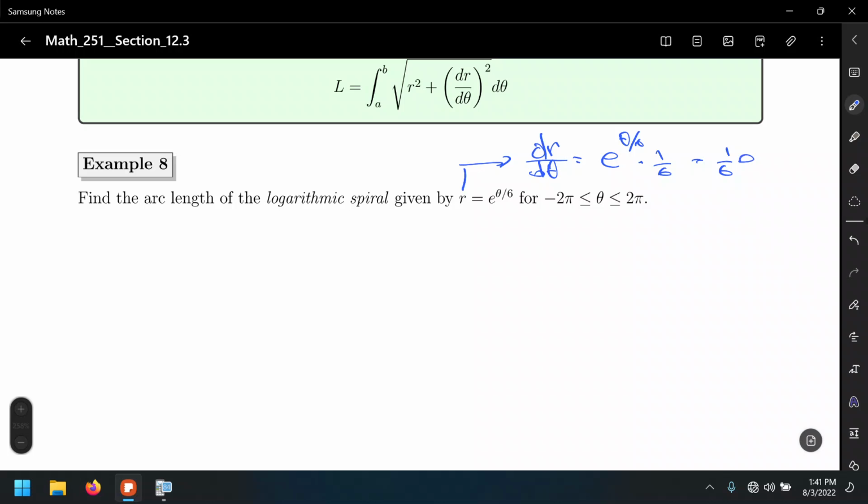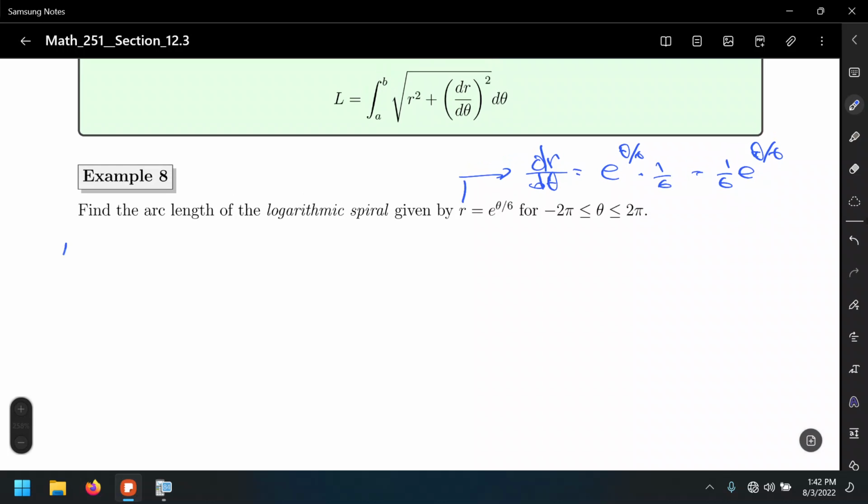And let's just write the 1/6 in front of it. All right, so let's set it up in the formula that we have above. So L equals the integral from a to b of the square root of r squared plus dr d theta squared, d theta.